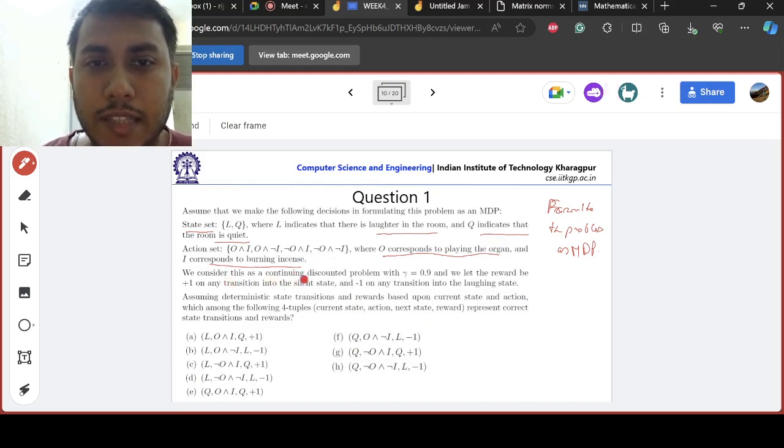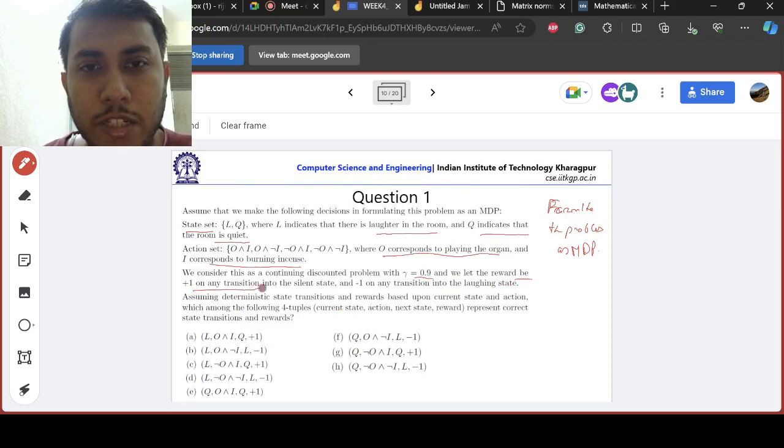We consider this as a continuing discounted problem with gamma equal to 0.9, and we let the reward be +1 when we transition into a silent state and -1 for any transition to the laughing state. So this is your laughing state and this is your silent state. If we make a transition from here to here, you get a +1 reward.